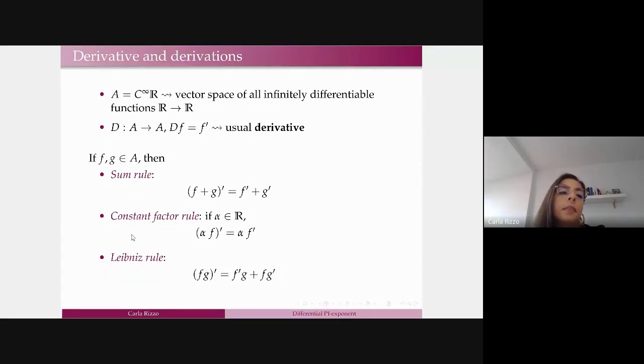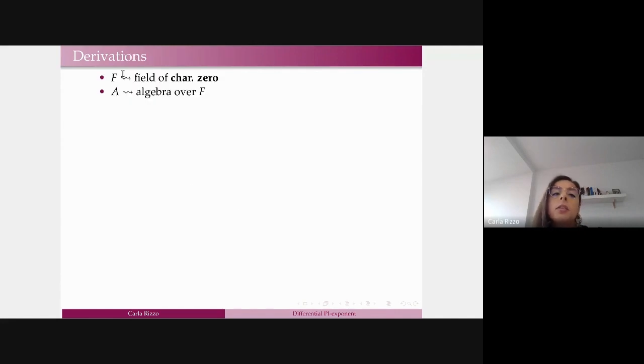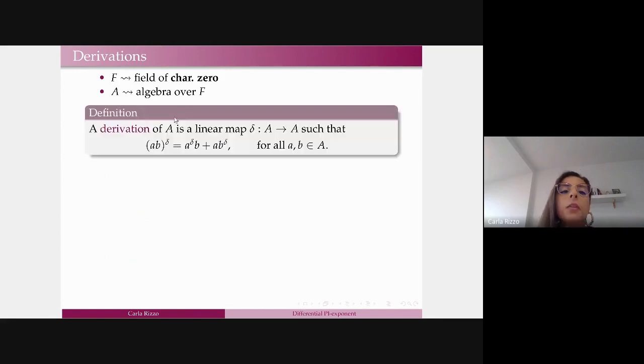Then this concept can be defined in a more general way for algebras. In fact, if we consider a field, in our case a field of characteristic 0, but it can be defined on any field, and any algebra over F, then we can define a derivation of A as a linear map that satisfies the Leibniz rule.